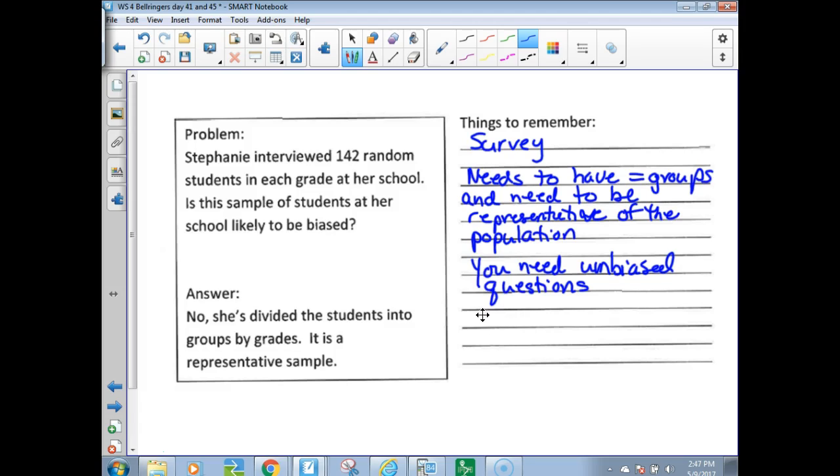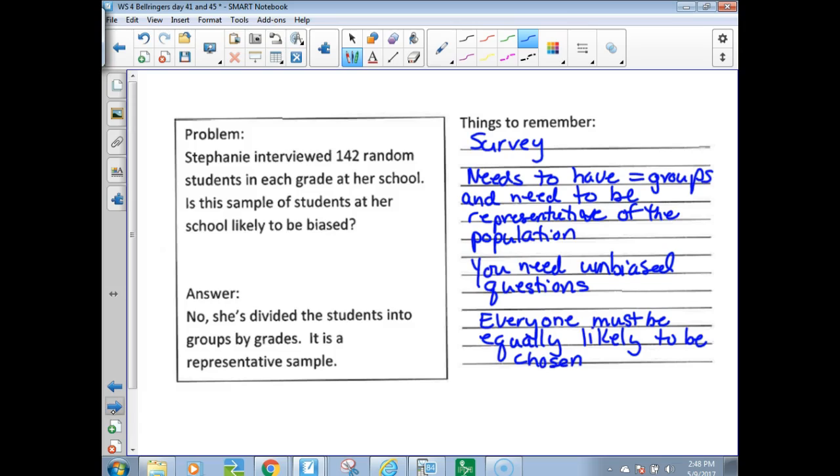And the other thing about picking your groups, everyone must be equally likely to be chosen. Okay, so those are just little reminders of what we need to do if we're doing a survey to do it properly. Okay, so we got a few scenarios following up here.